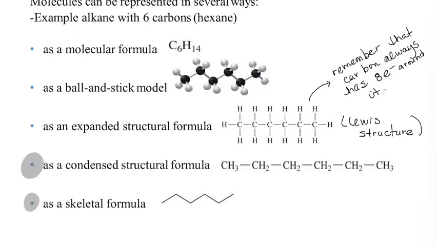Okay, those two. What is the condensed formula? Well, if we look at the expanded formula, the condensed formula is just bringing in the hydrogens that we had in the Lewis structure. So we can see that, for example, here we have a CH3.